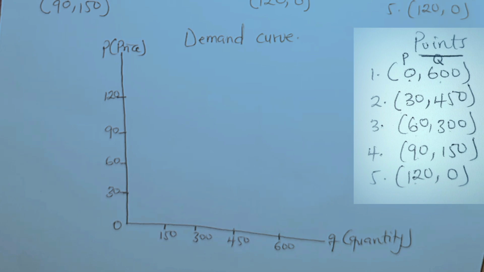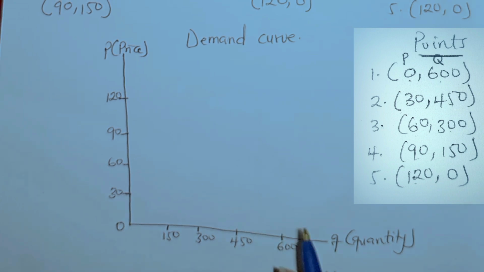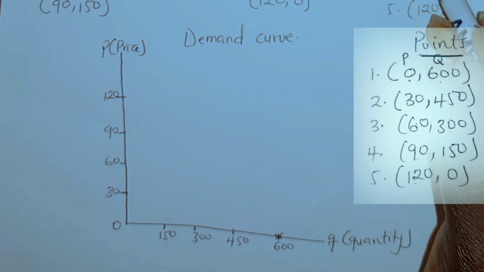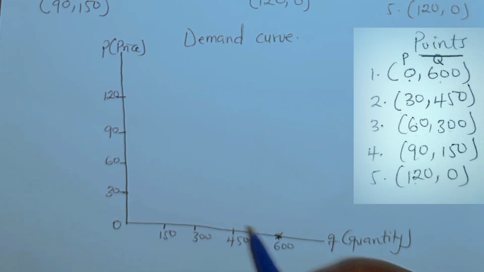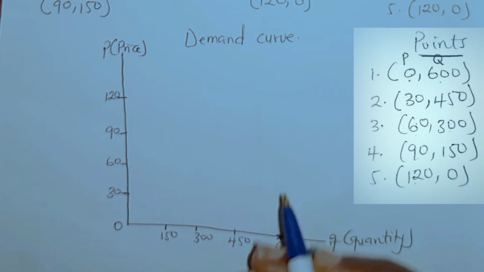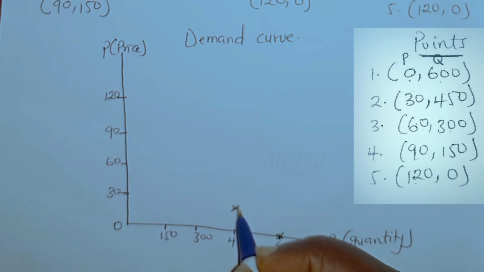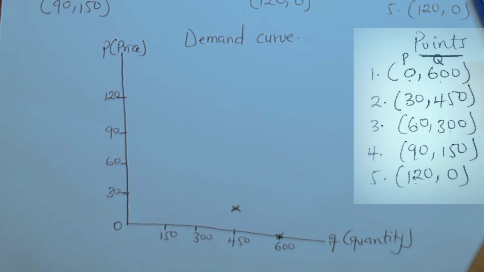After writing these on the axis, then I have to find my points. The first point being 0 and 600. So price is 0, quantity is 600. Now at 30 and 450, I have to find it.